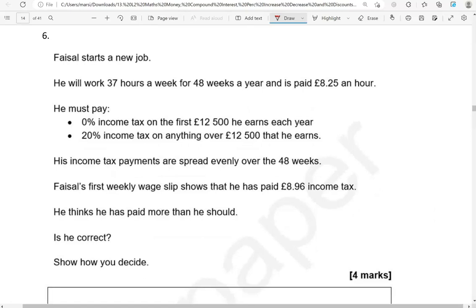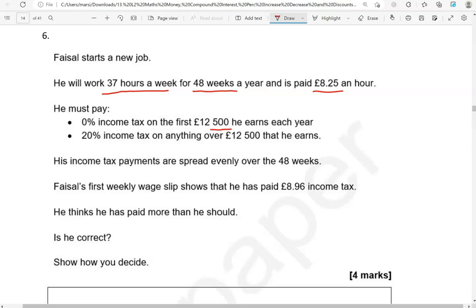Faisal starts a new job. He will work 37 hours a week for 48 weeks a year and is paid £8.25 an hour. He must pay 0% income tax on the first £12,500 he earns each year, 20% income tax on anything over £12,500 that he earns.